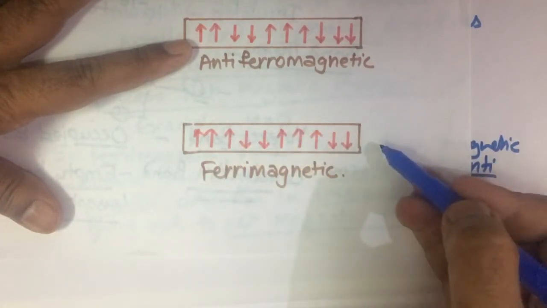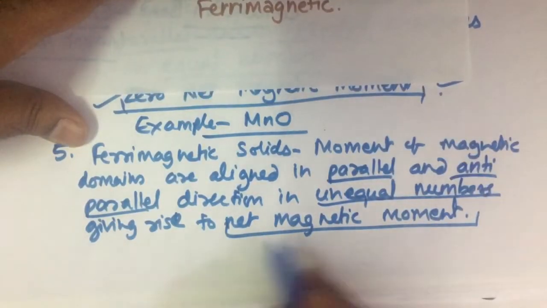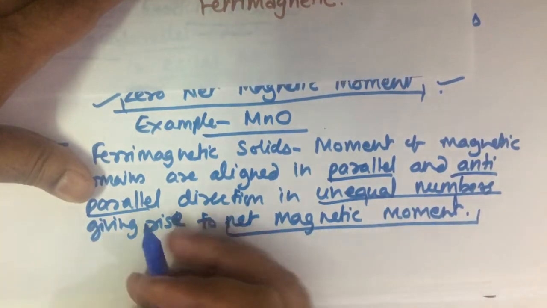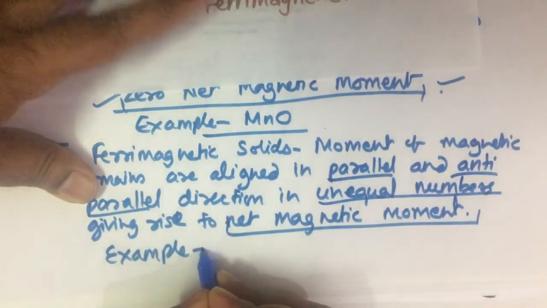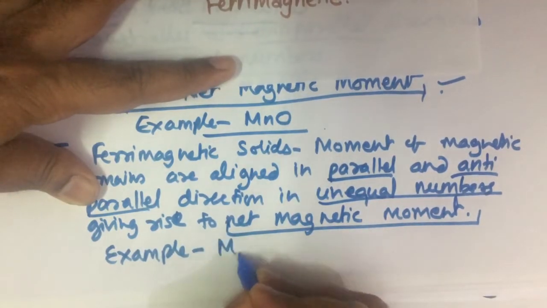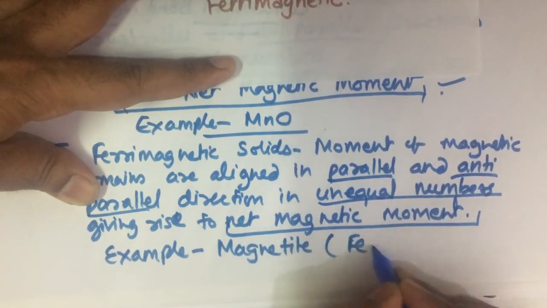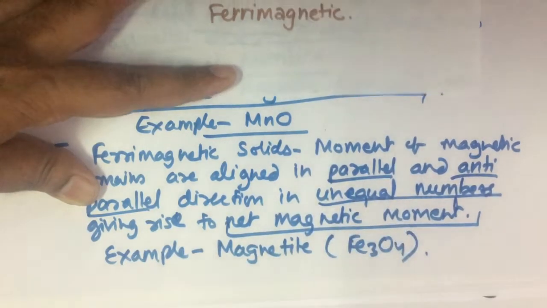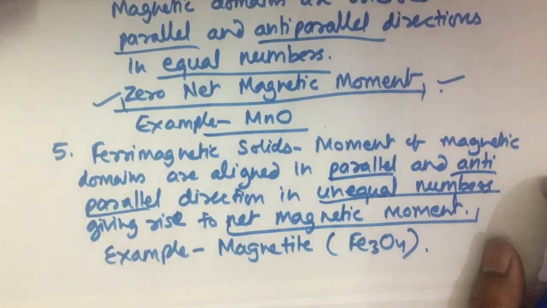So they are unequal in number, so there is a net magnetic moment, and they are ferrimagnetic substances. The example of a ferrimagnetic substance is the ore of iron, magnetite, Fe3O4. So these are the types of magnetic properties of solids.